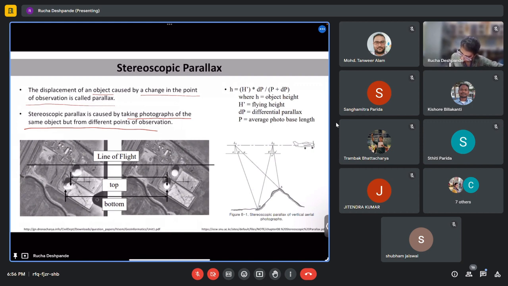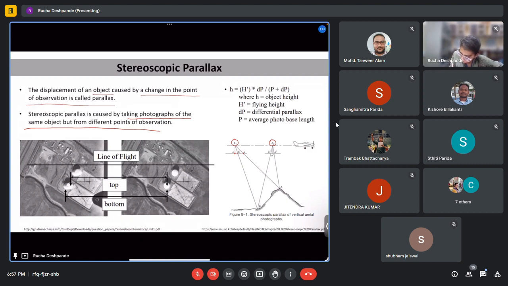So here, when the photograph is taken from location L1 and when it's taken from the location L2. So here, this is my optic axis. No, this is the nadir point, and here A and B have these positions.